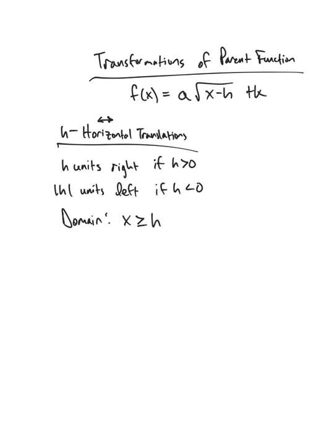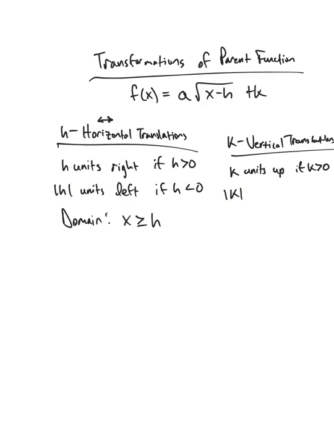Right? So if h is moving us horizontally, k will do the same thing vertically. So it is vertical translations. The vertical translation, that function is going to move k units up if k is greater than 0.